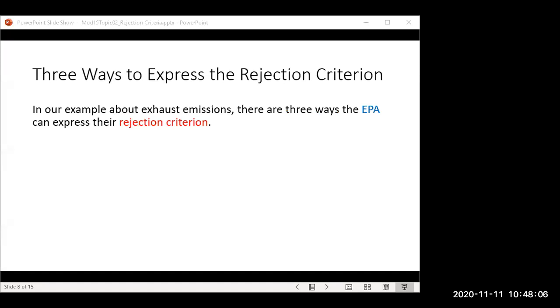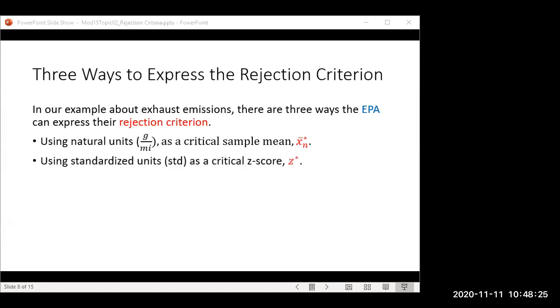So, three ways they can express it. They can give you a critical value of the sample mean, where, okay, if you get fewer than this many grams per mile, we will reject our null hypothesis. Or they can give you a critical z-score. We say, okay, if your z-score, your green z-score, is below this red z-star, that's far out enough.